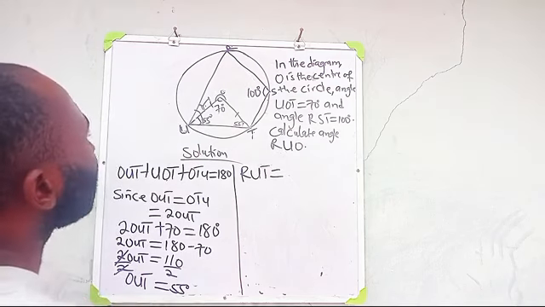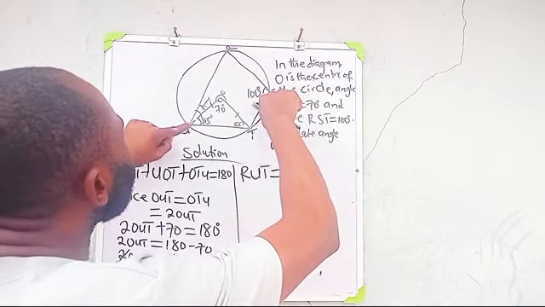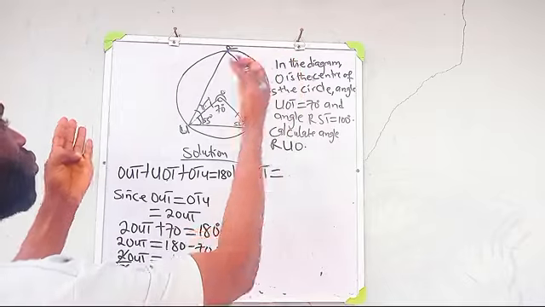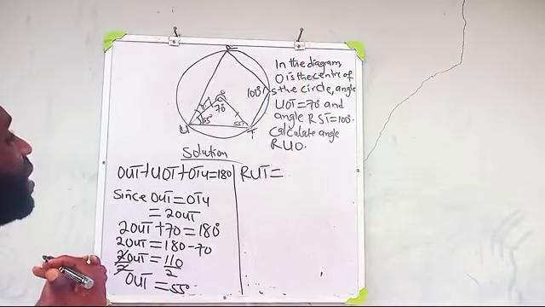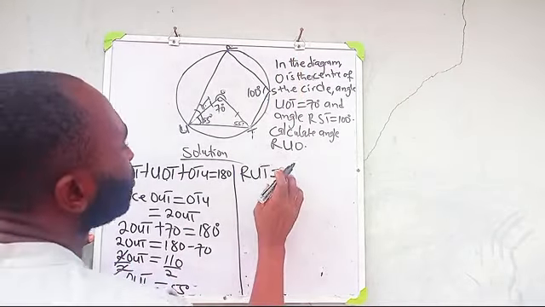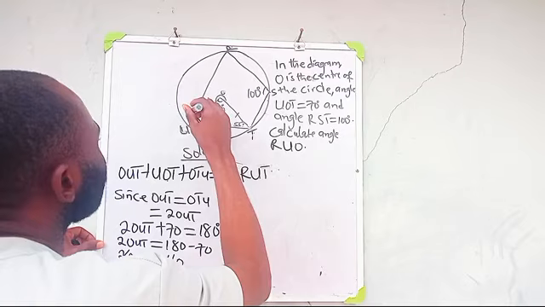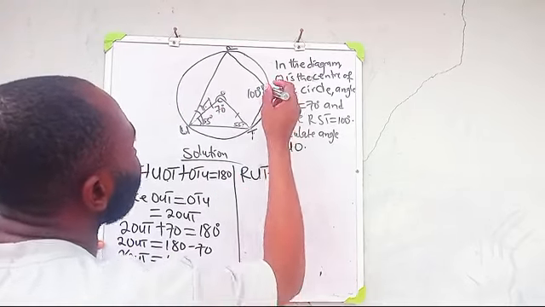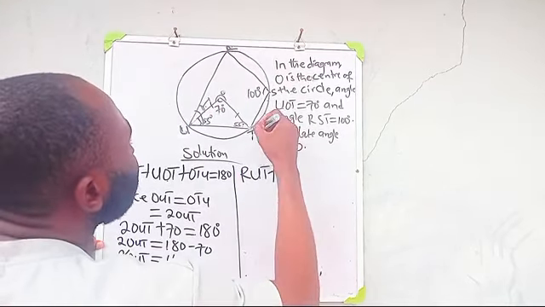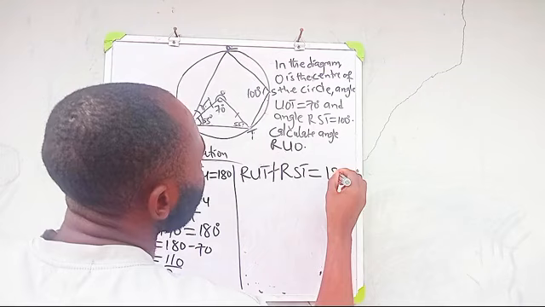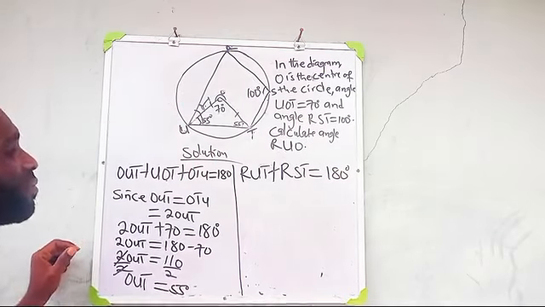So when we sum this angle, which is opposite to this one here, the two opposite angles, when you sum them together, what is it going to give you? When we sum RUT, which is this total angle here, plus RST, everything will be 180 degrees.